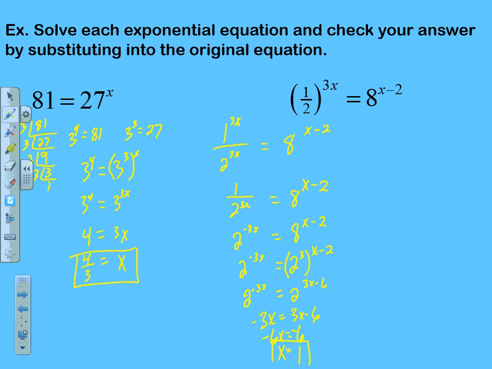Now the way that I could have saved myself just a little bit of work is right here. If I don't take the whole fraction to the power, meaning I don't have to write 1 to the 3x power over 2 to the 3x power, I could have started off by saying in the parentheses, I could just take the reciprocal of 1/2, which would give me 2 to the negative 1 power times 3x.